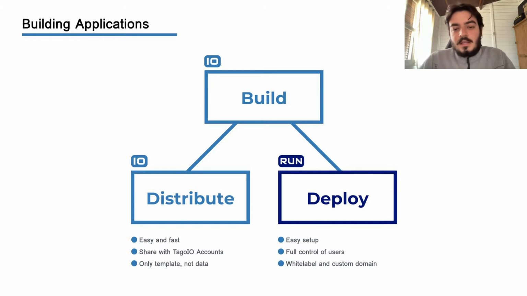On the right side, in the darker blue box, we have run. Run is the side where the end user accesses your application. Basically, once you build everything, you will deploy, and then you can give an access point to your end user to access through your url.com, for example.